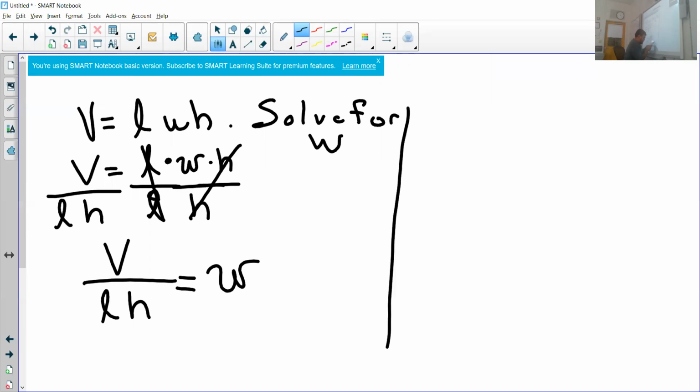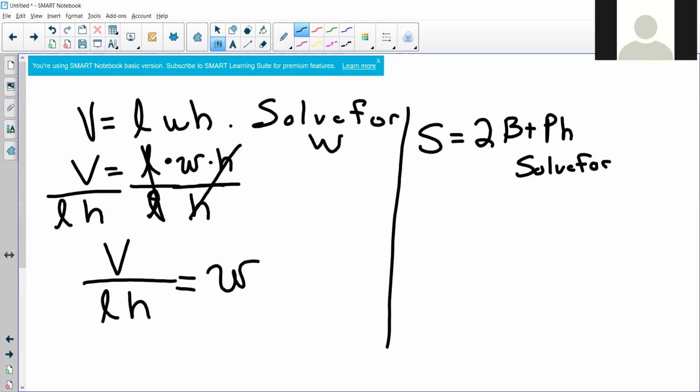So S equals 2B plus PH. We're going to solve for H. And we're going to do that by removing 2B first.